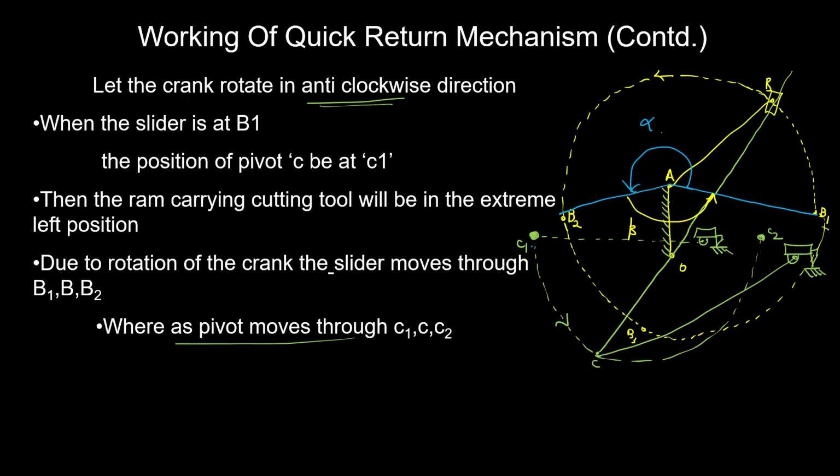Same way, the path of the slotted bar will be indicated by green color. The slotted bar will be taking this path instead. That is, the cutting tool is moving from the right extreme to the left extreme during this path.